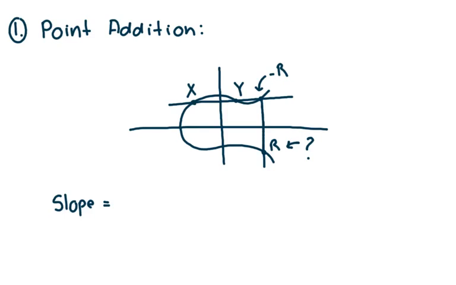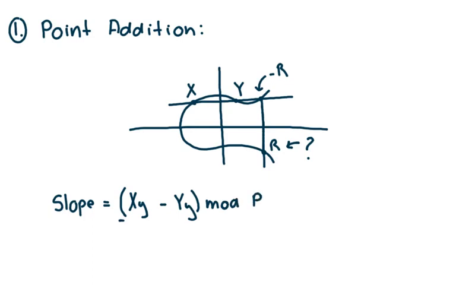So the slope is going to equal the y-coordinate of the point x, which is denoted x subscript y, minus the y-coordinate of point y, and this entire thing modulo p.